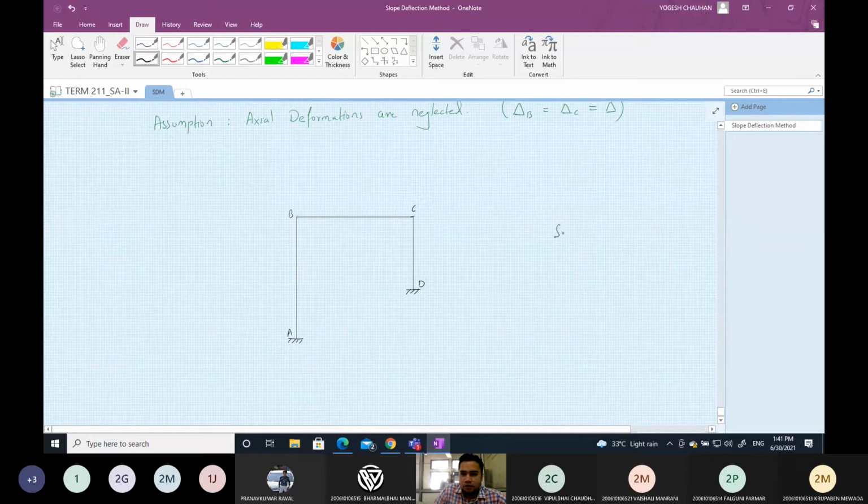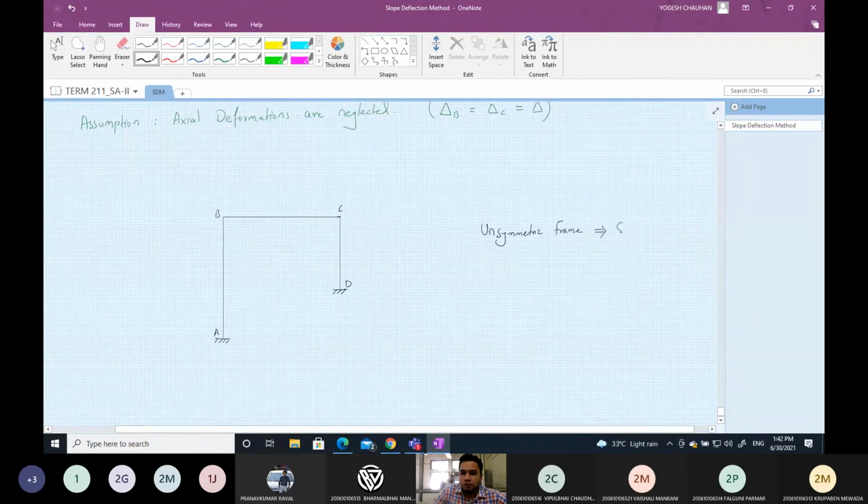So this is an unsymmetric frame, which implies it will undergo sway. So this is a sway frame.